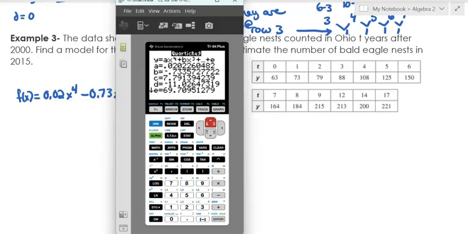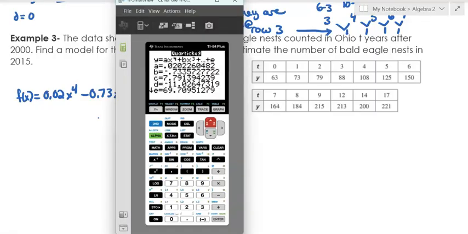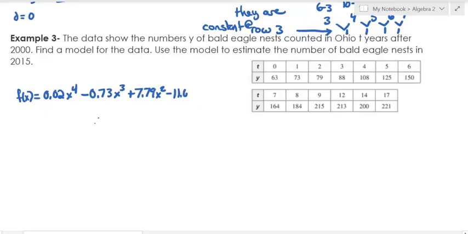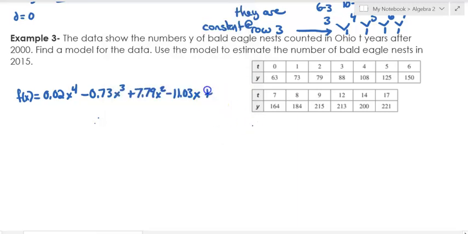Look at your c value. C was 7.79. It was positive, so it's plus 7.79x squared. All right, D is minus 11.03, and that would be with x. And then E was plus 69.71. And that would be our equation for this.